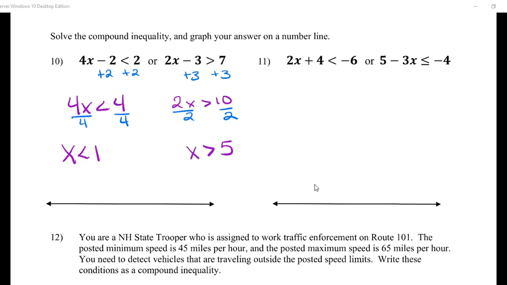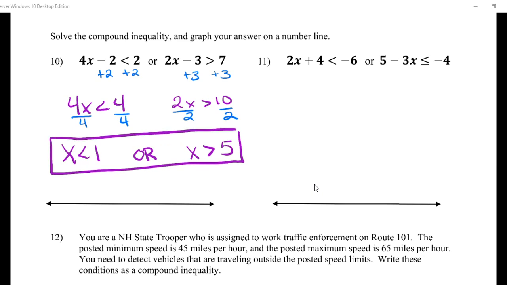The only difference is we need to include the word "or" to solve the compound inequality. So for our number line, we want values from at least 1 to 5, but we want at least one extra on either side. So let's start with 0.